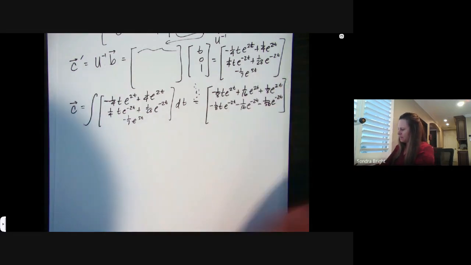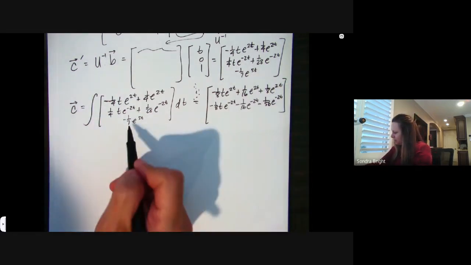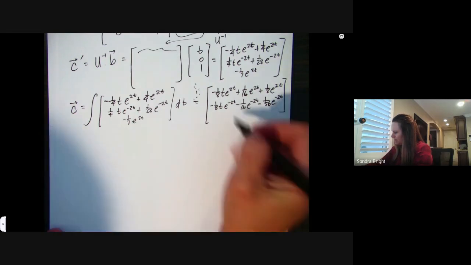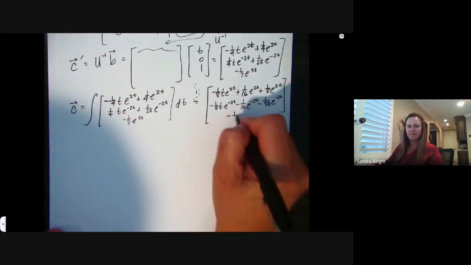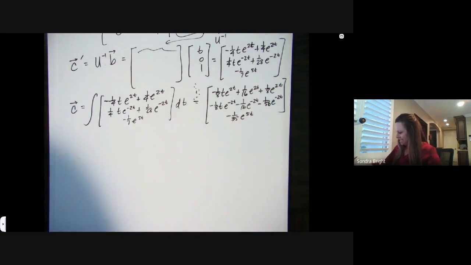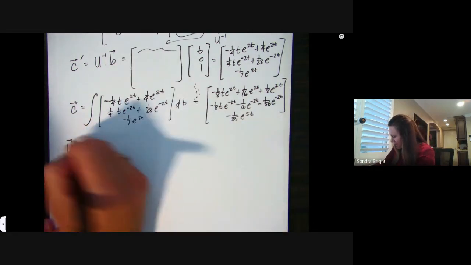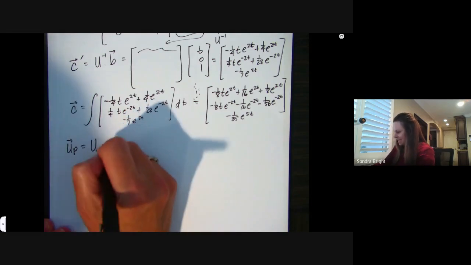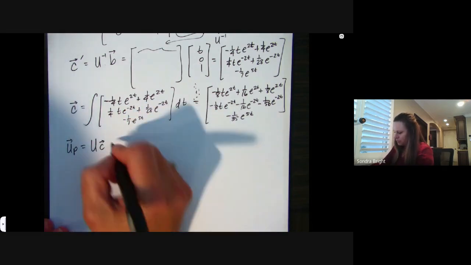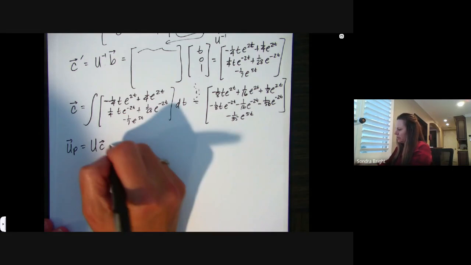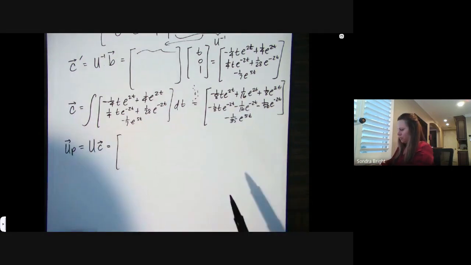And then antiderivative of this guy, undoing that 5, will be a negative 1 over 35 e to the 5t. Okay, that's C.